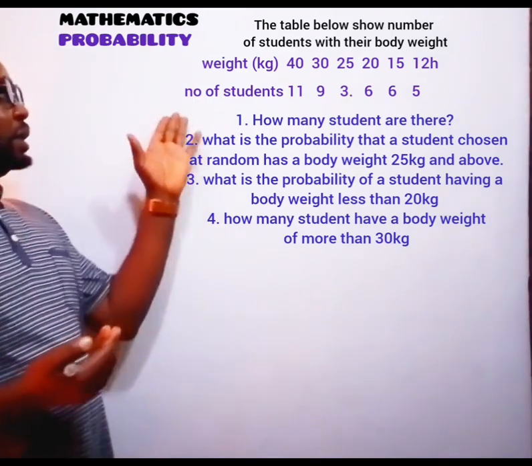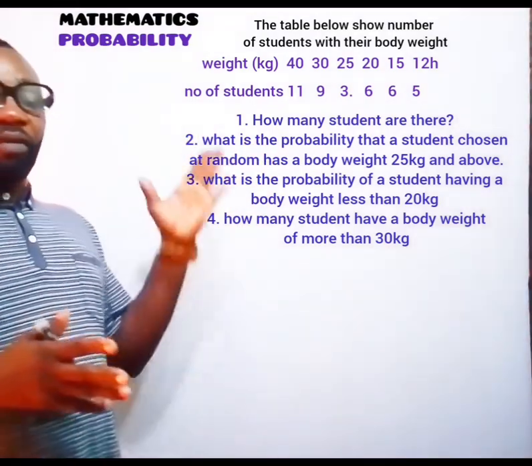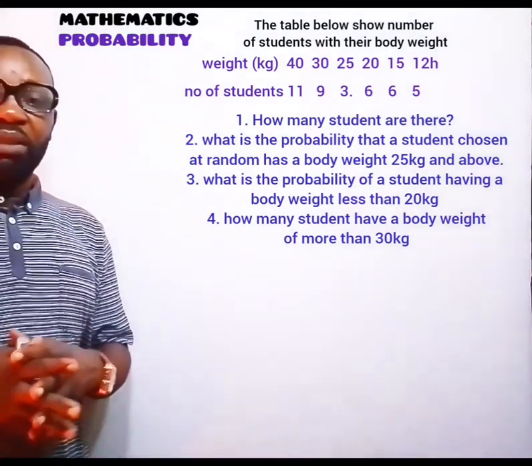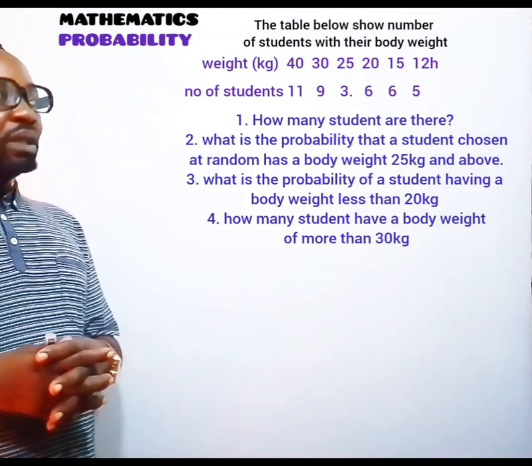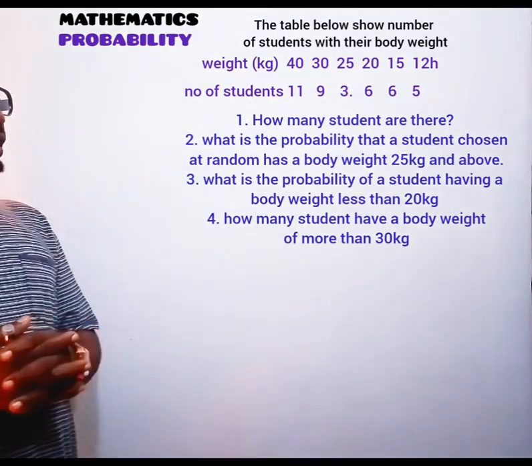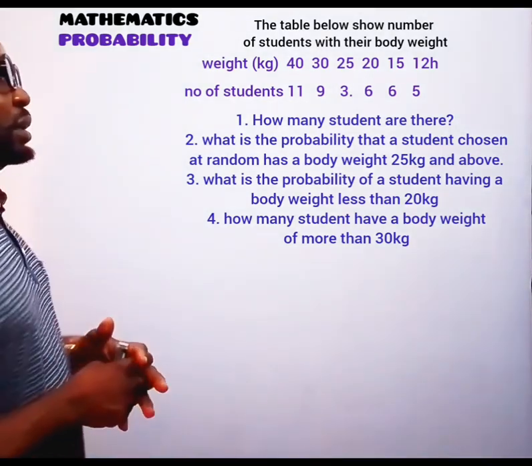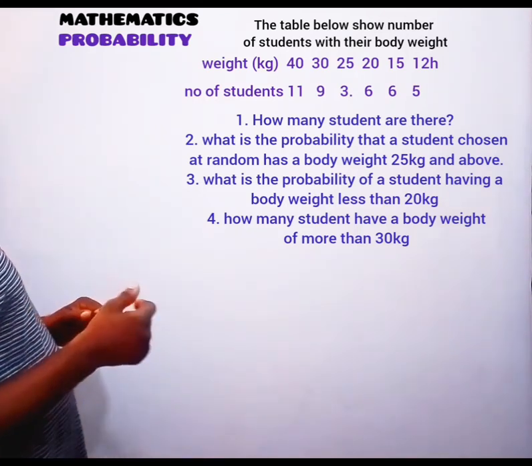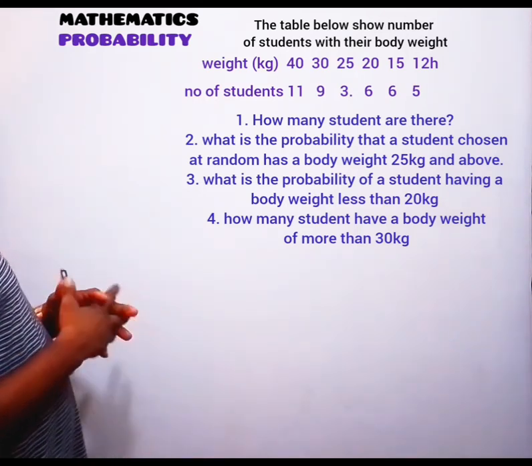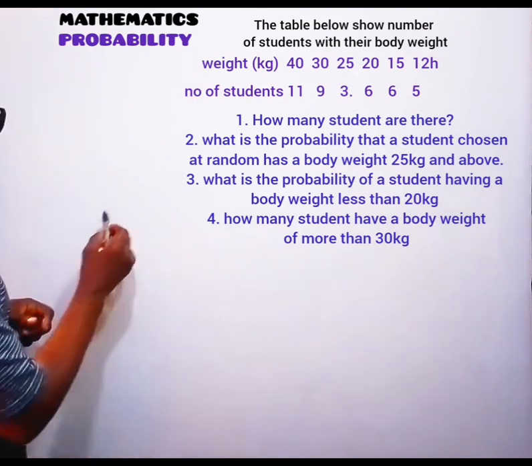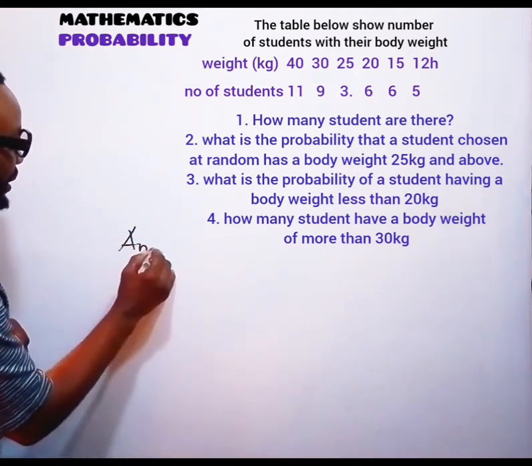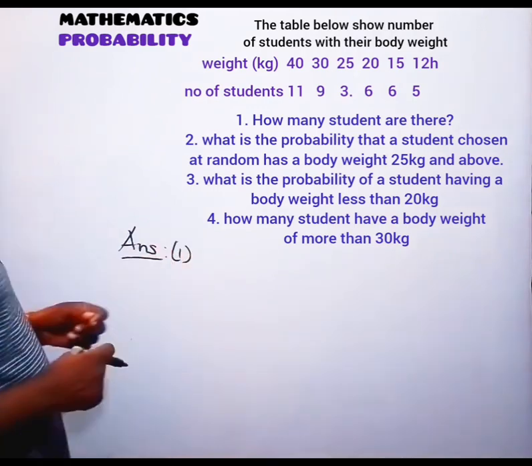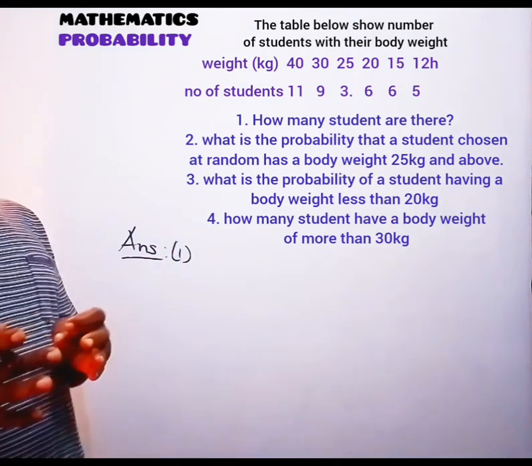Now, with this table we have a question that you can see underneath it. The first question says, how many students are there in that class or school? Now we are going to look at the numbers.